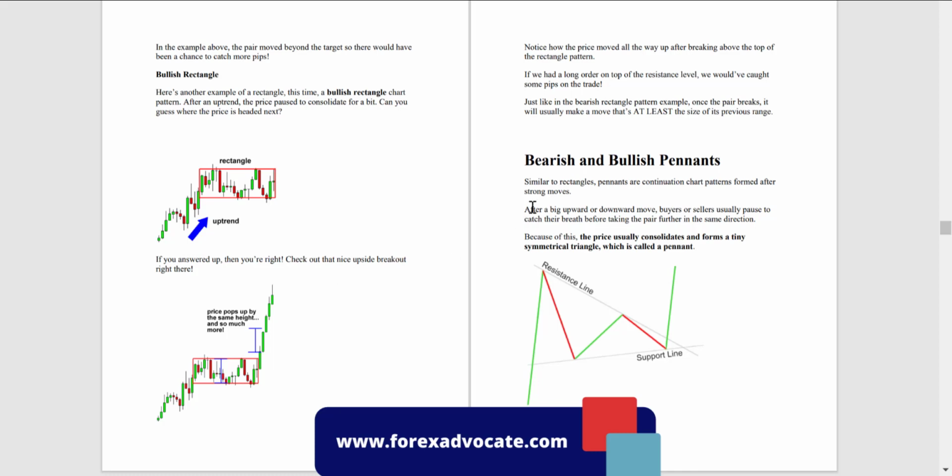So there's another one, pennants, bearish and bullish pennants. So you know bull and you know bear, two animals. If it's bearish, it's coming down. If it's bullish, it's moving up.